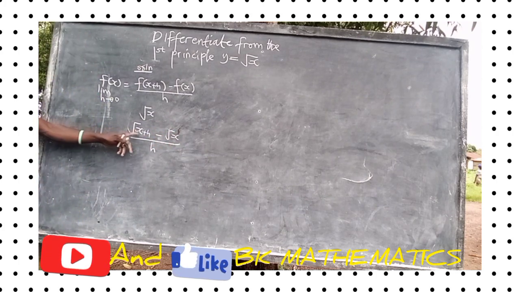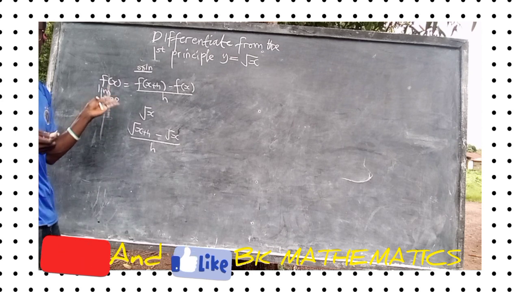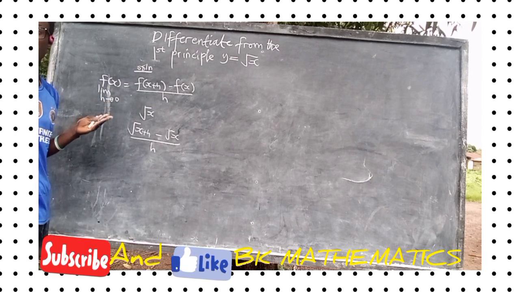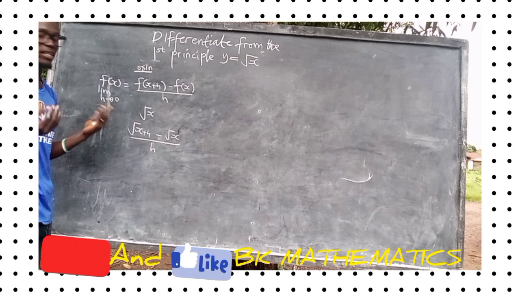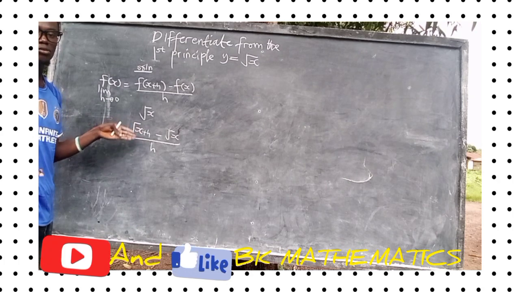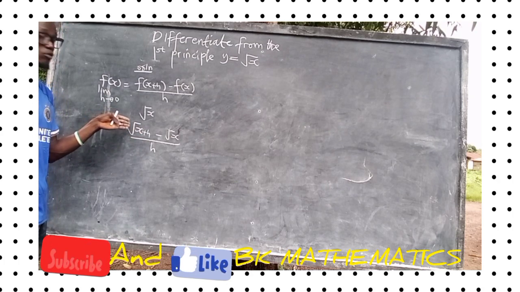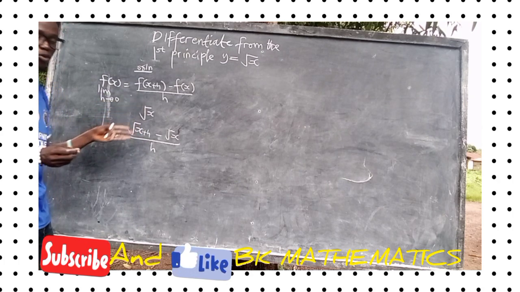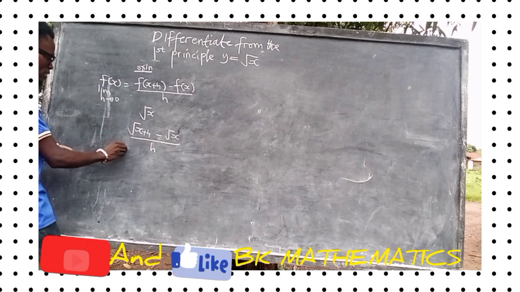From this point, we apply rationalization of sorts. But mind you, most of you always have it in your mind that you rationalize the denominator. For this particular problem, we are going to rationalize the numerator.